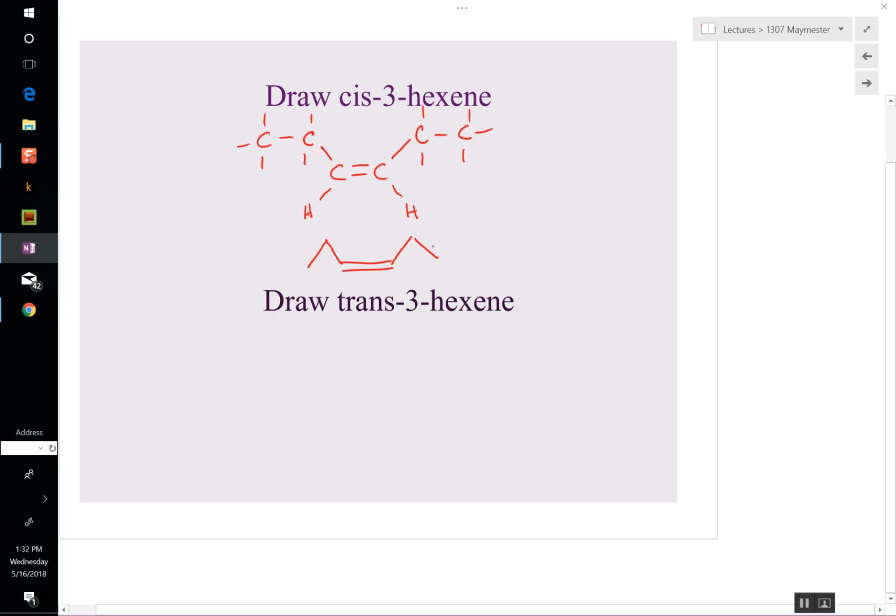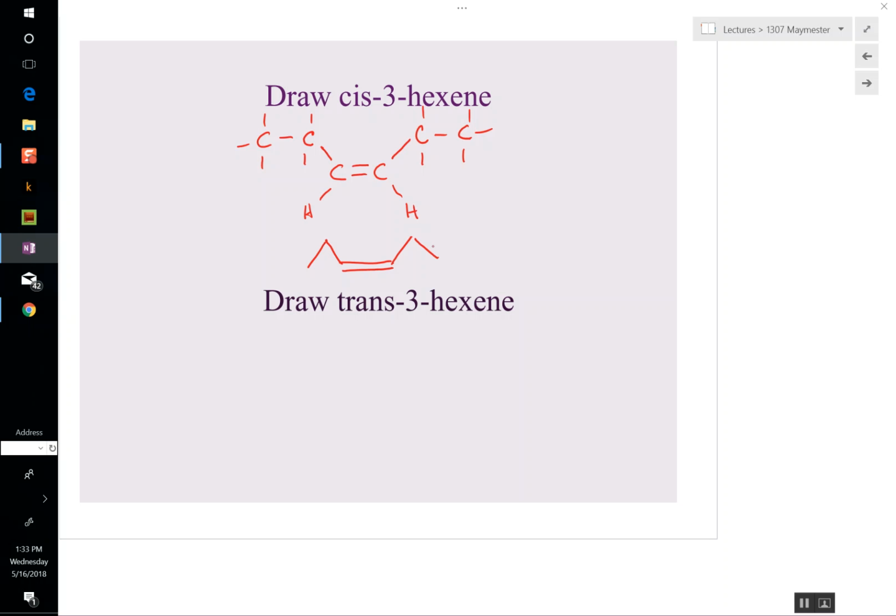You can draw these straight in the structural formula, but in a line formula you do have to show a bend every time you get to a new carbon. And around the double bond, I want cis to look cis. There should be something coming out of the same side of the double bond.